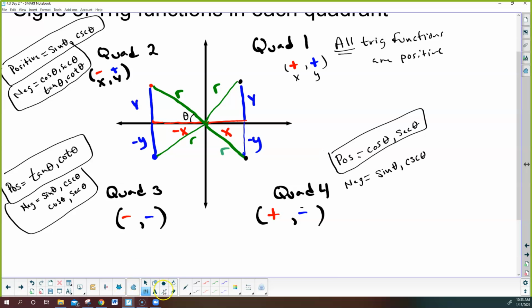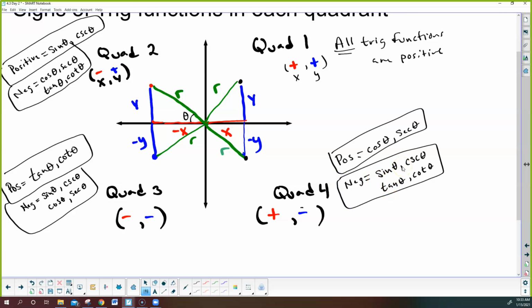And then that leaves tangent. Tangent is y over x. So that would be a negative over a positive, or if we flip it around, positive over negative, but either way, their signs would be flipped.